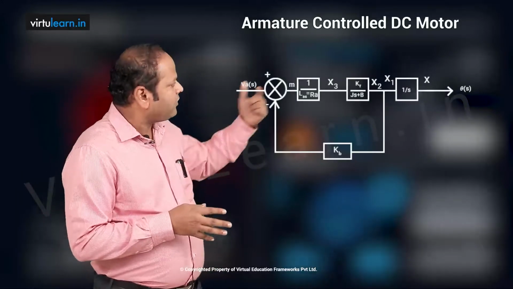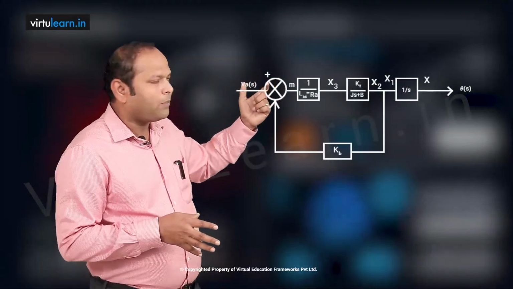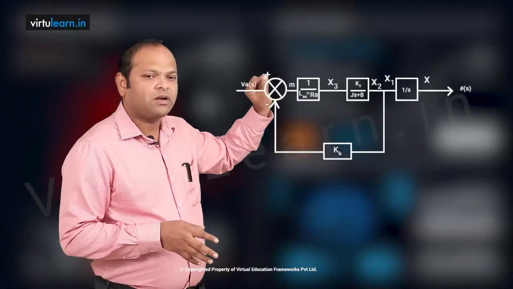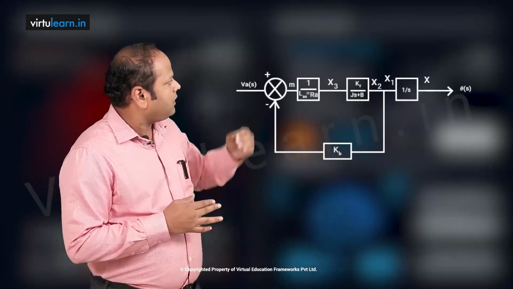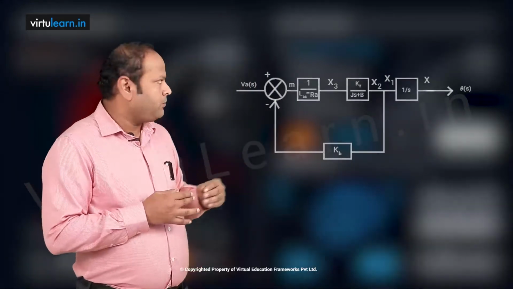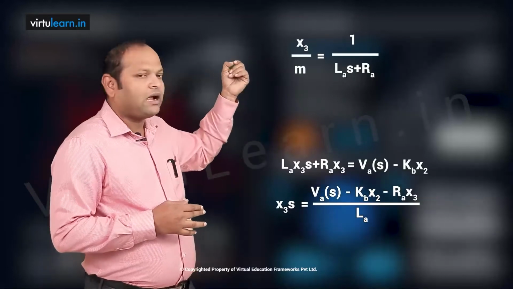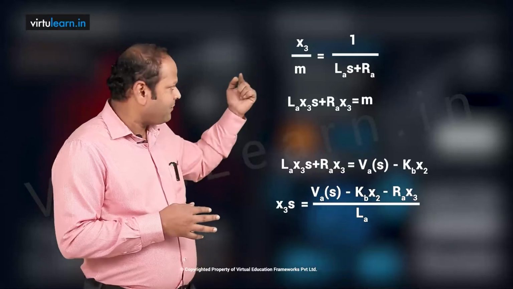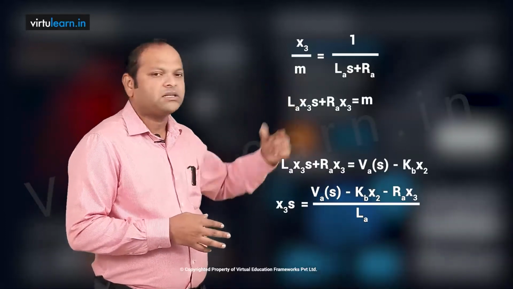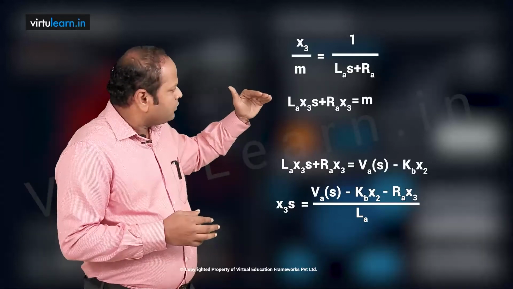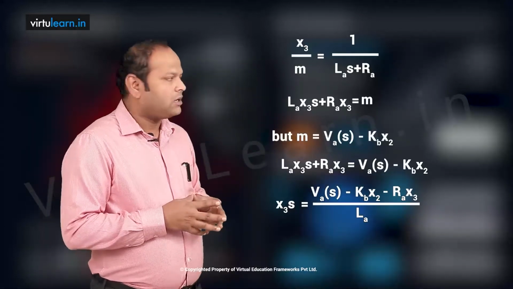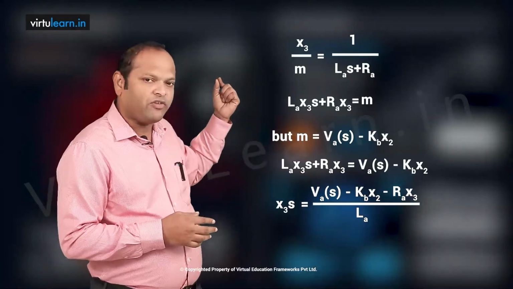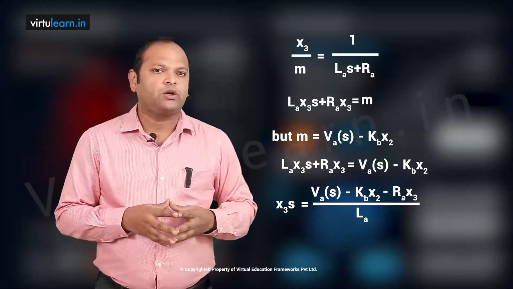Similarly, I can take the electrical system 1 by LAS plus RA. For that, the output is x3 and the input is x3 dot. In place of x3 dot, let us take another variable m. So x3 by m is 1 by LAS plus RA. Now m is the output of the summing point, which is the difference between VA and KB into x2.